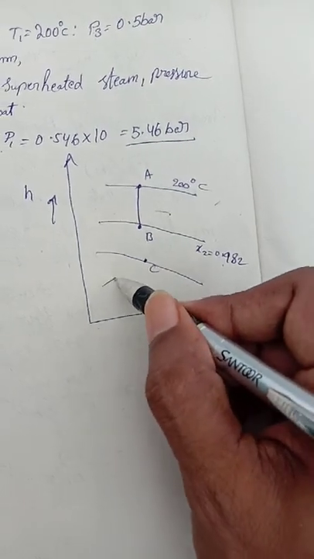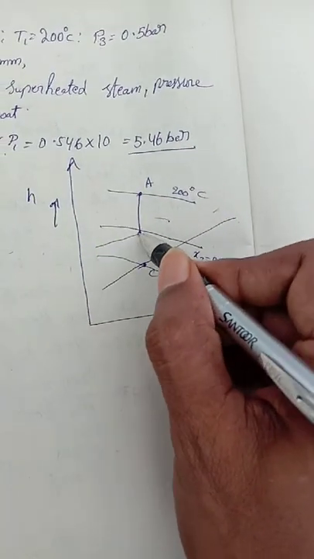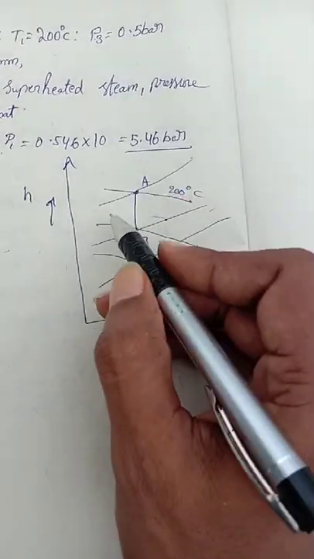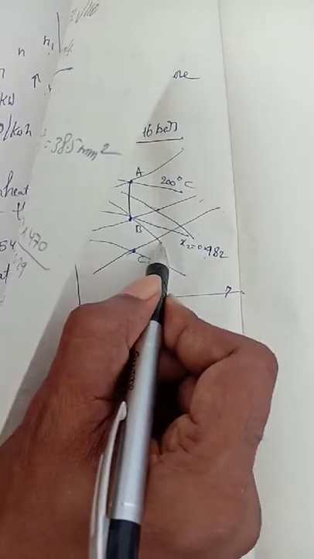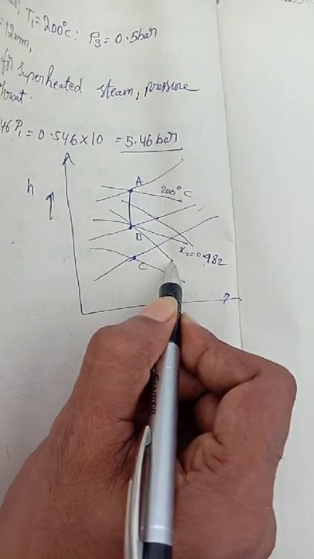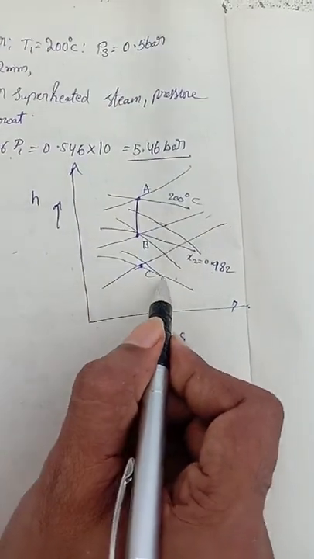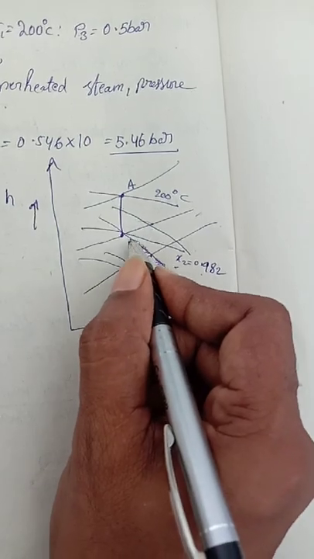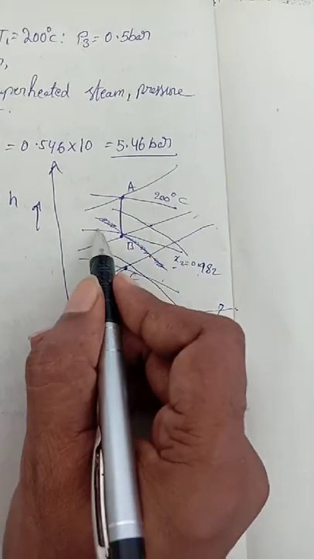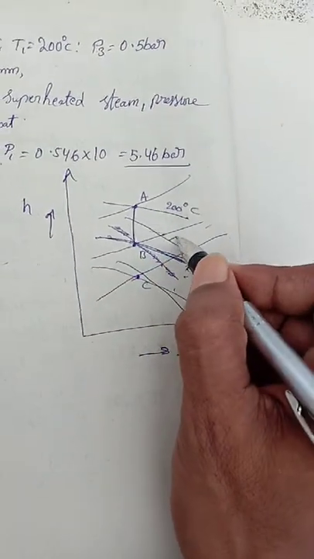Now the pressure lines are going like this. Okay. Now the saturation line is also going like this, and this is also going like this. So here X2 is already there, so we don't need to draw this line here. Okay, this is the saturation line.